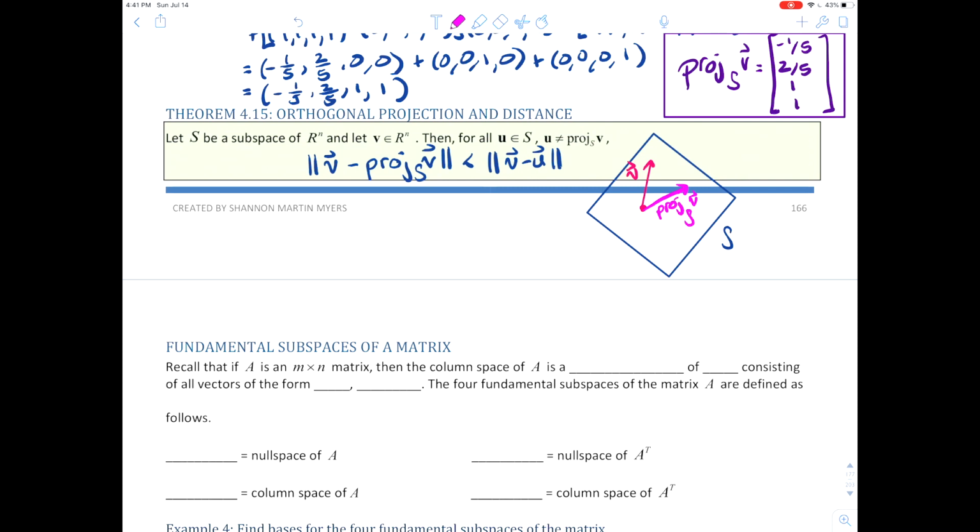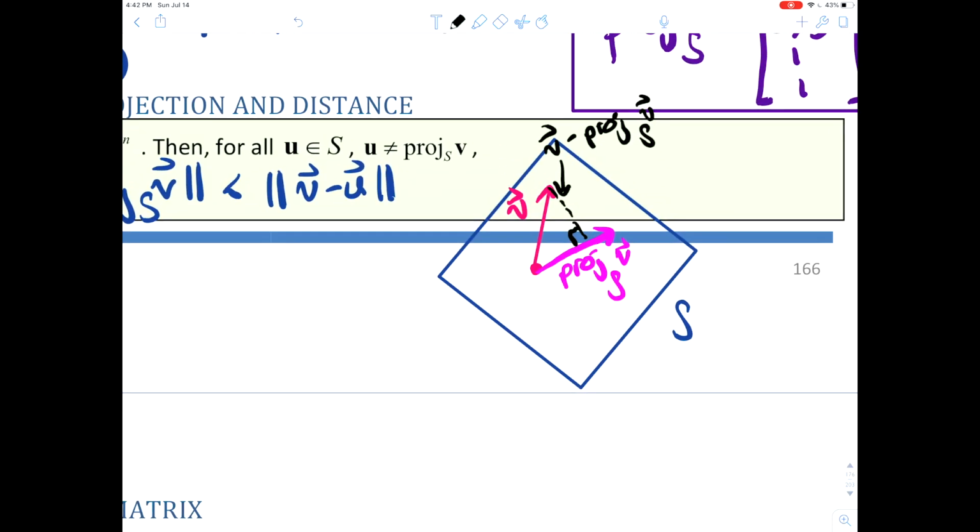Okay, so let's say that we've got this set up right here. All right, if you look at drawing a perpendicular down to make a right angle here, this happens to be the vector V minus the projection of the vector V onto the space S. Let's make this bigger. Okay, so far?